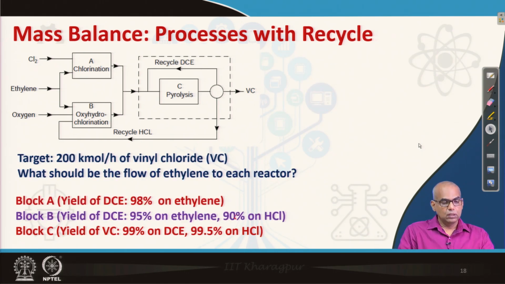Now, if you target 200 kilomole per hour of vinyl chloride, what should be the flow of ethylene to each reactor? That is the question.